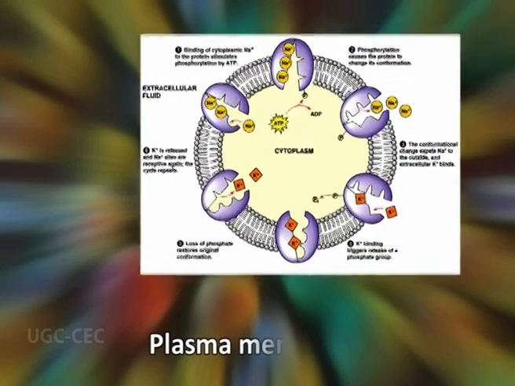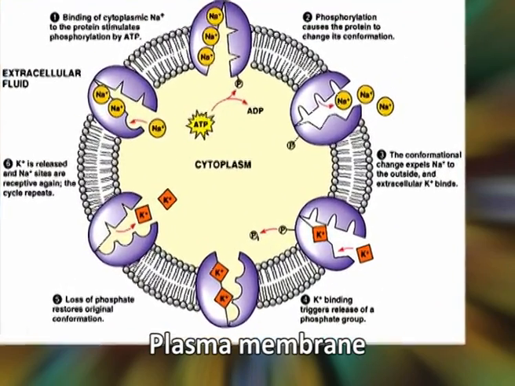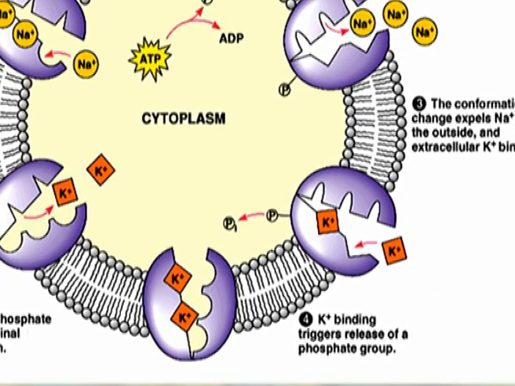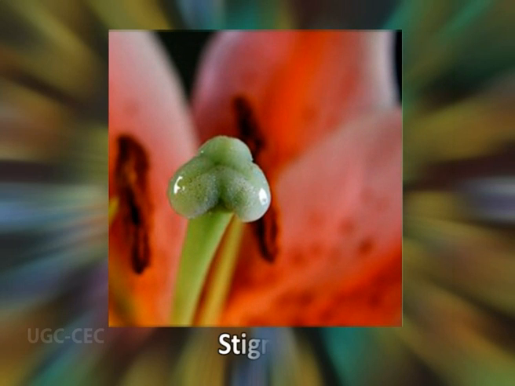Number 2, SRK, S-receptor kinase, is a transmembrane protein embedded in the plasma membrane of the stigma cell. SRK has an intracellular kinase domain and a variable extracellular domain. Number 3, SLG, S-locus glycoprotein, is present in the stigma and functions as a co-receptor for the male determinant.